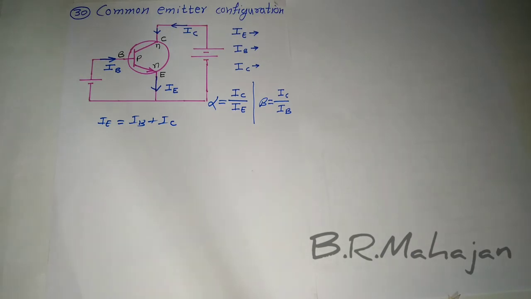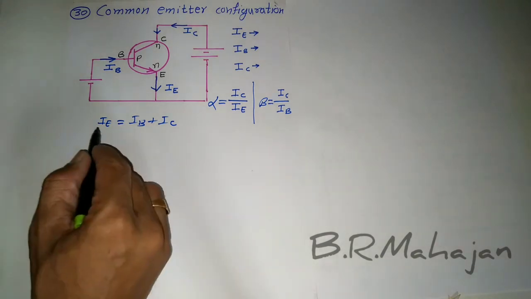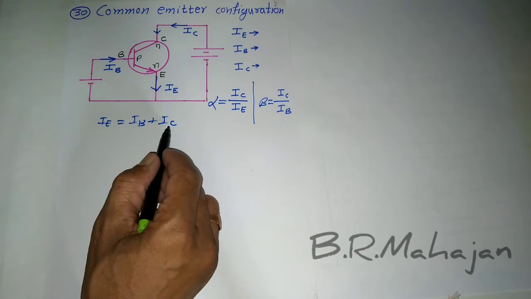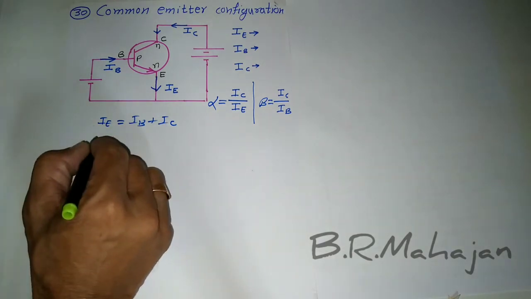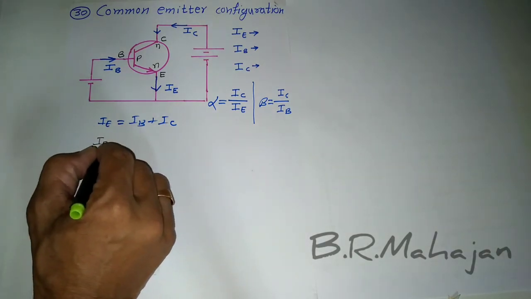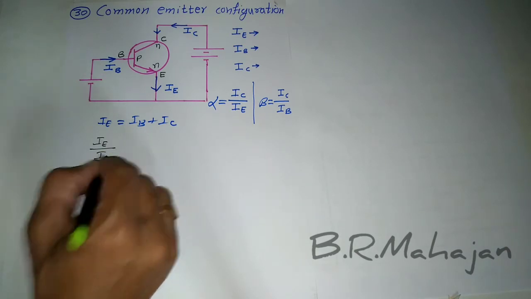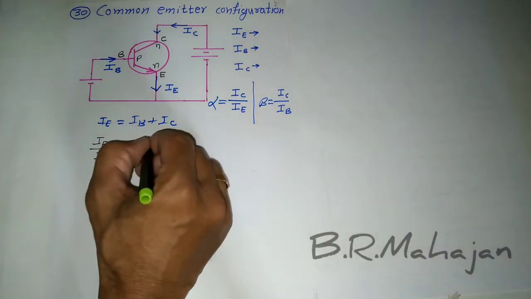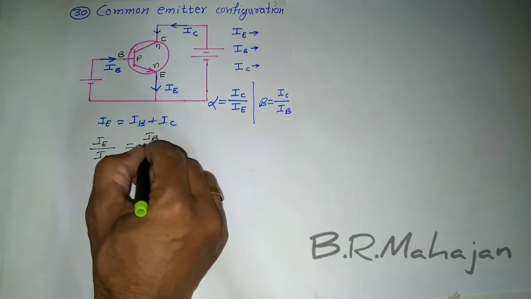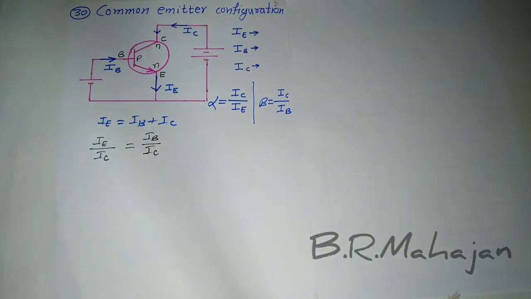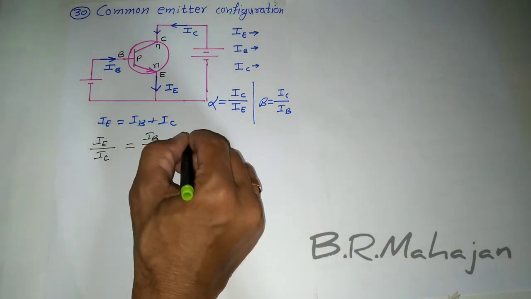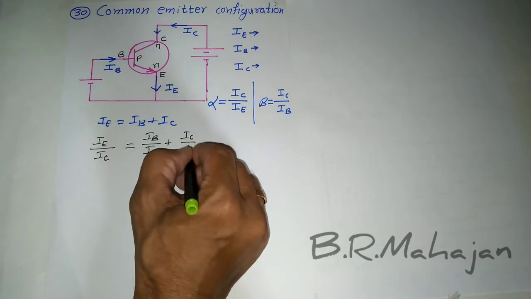Now I am trying to divide each and every term by IC on both sides. IE upon IC is equal to IB upon IC plus IC upon IC.